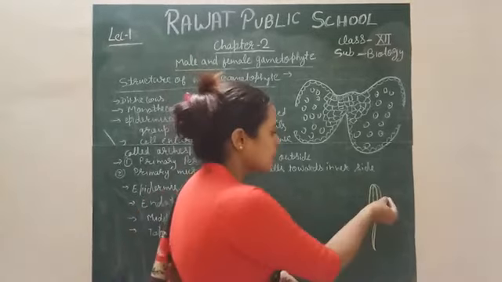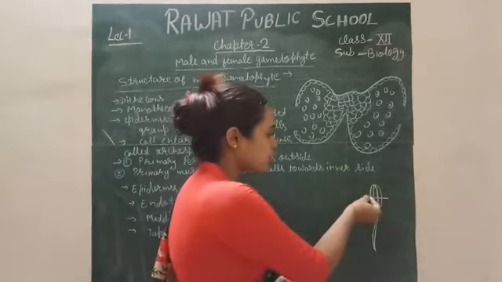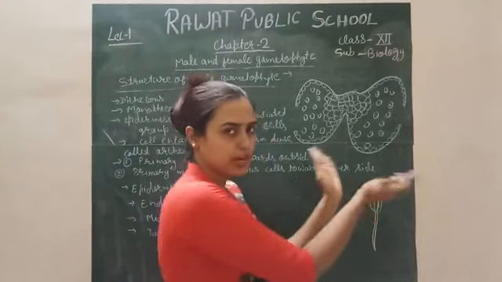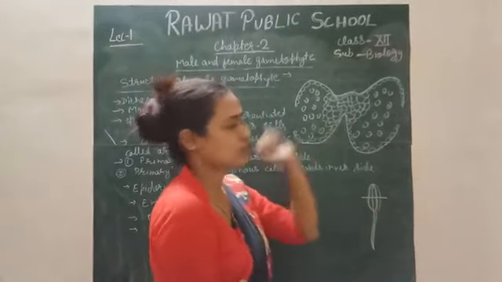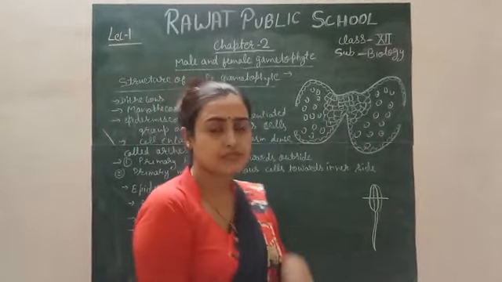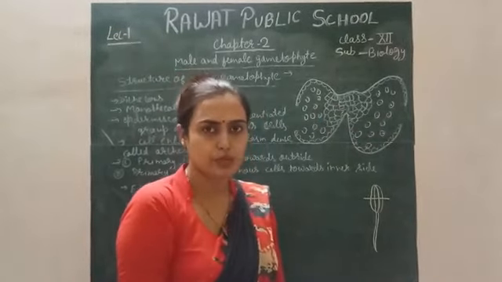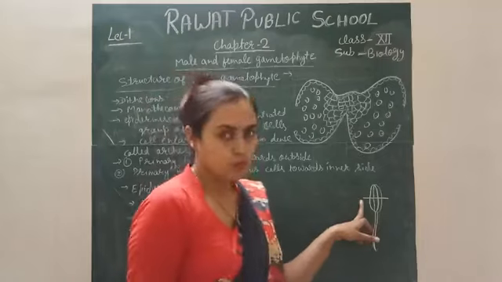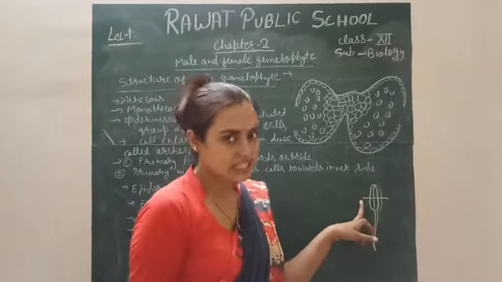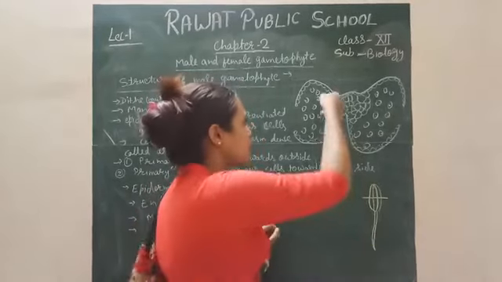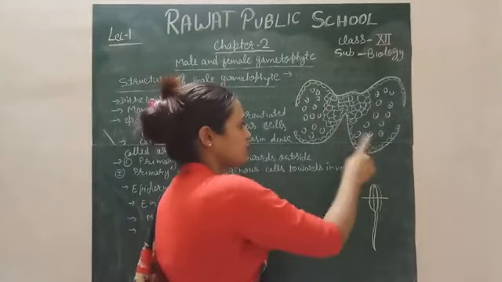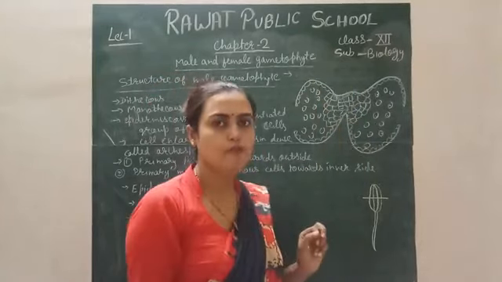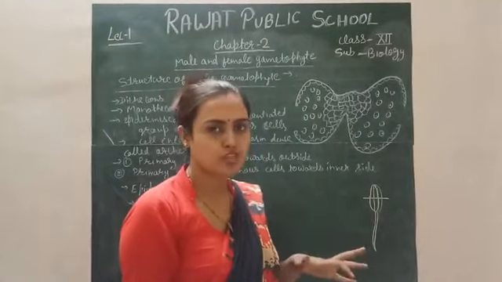If I cut a TS section of this anther lobe, it is divided like this and appears like this structure. This is the transverse section of the anther lobe. In a bilobed, or dithecous, anther there are 4 chambers: 1, 2, 3, 4 chambers of pollen grains, the microsporangia.